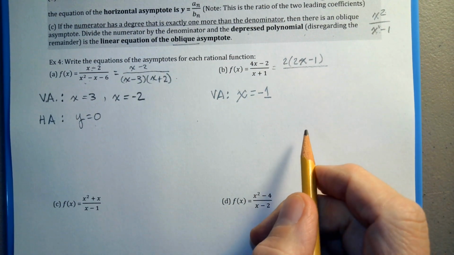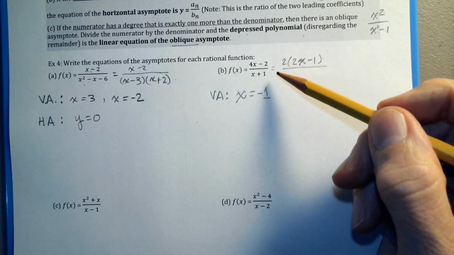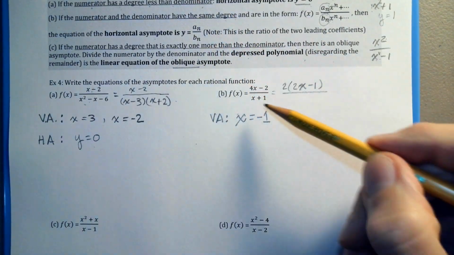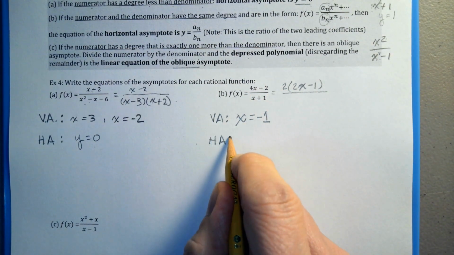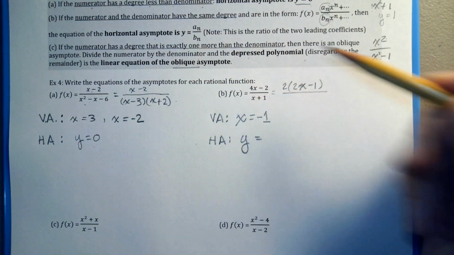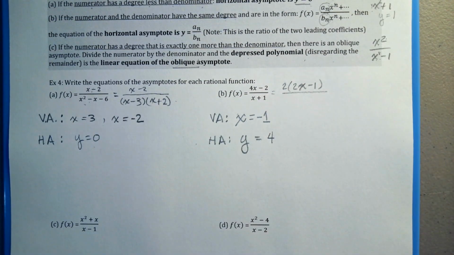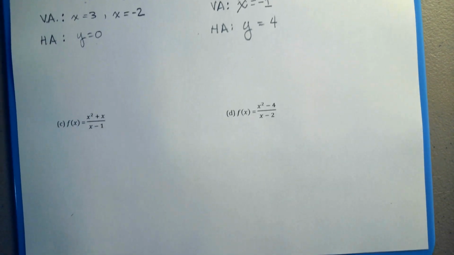And then any horizontal? Which case is this, A, B, or C from up above? It looks like B, the degree is the same. So the horizontal asymptote will simply be y equals the ratio of the leading coefficients, 4 over 1, or just 4.